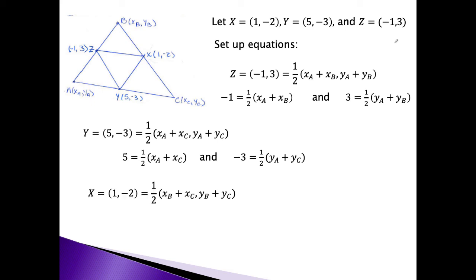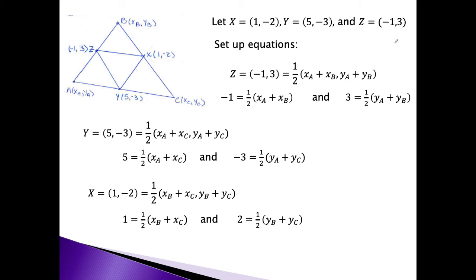X is (1, -2), which equals 1/2 (xb plus xc, yb plus yc), which means 1 equals 1/2 (xb plus xc), and -2 equals 1/2 (yb plus yc).